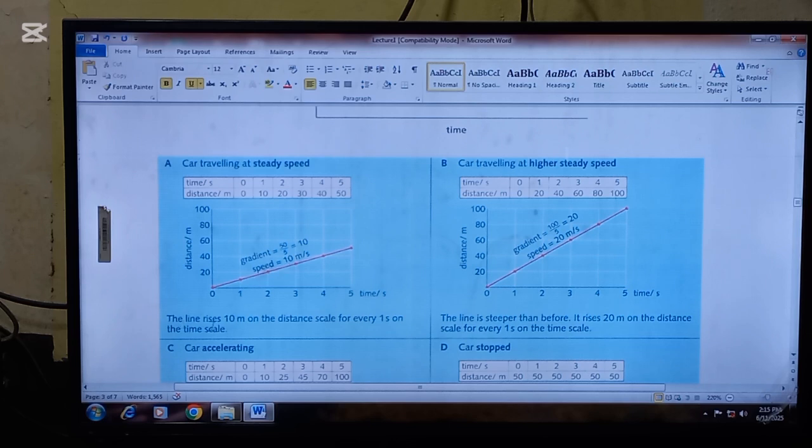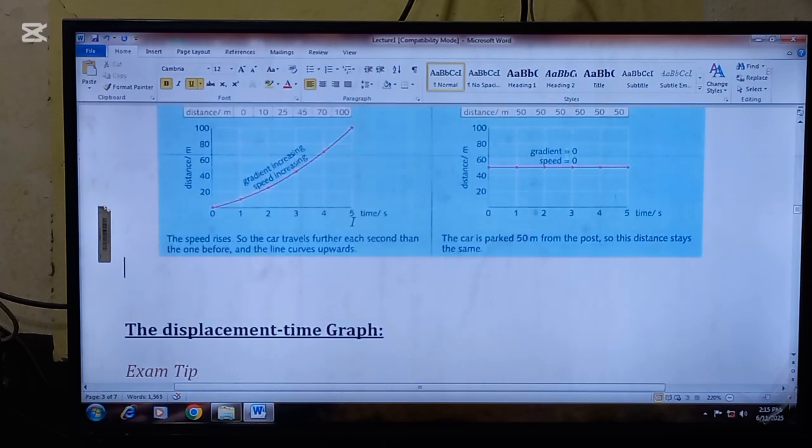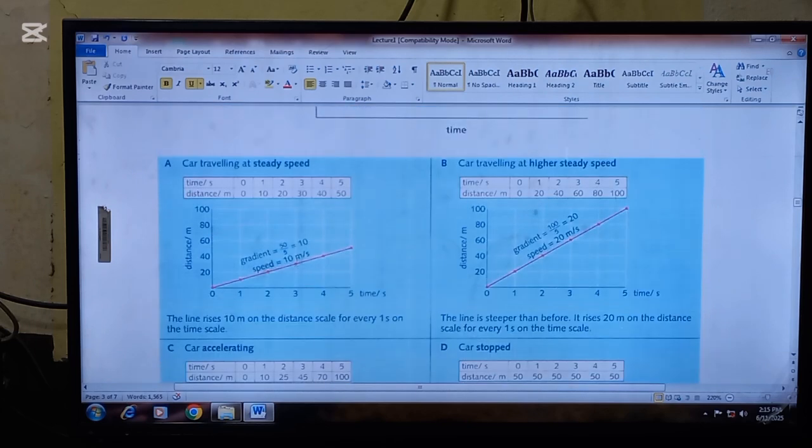So the line rises 10 meters on the distance scale for every 1 second. So look now, we are first comparing graphs A and B. The car is traveling at steady speed because the line is straight. The other car is traveling at a higher steady speed because the steepness is more.